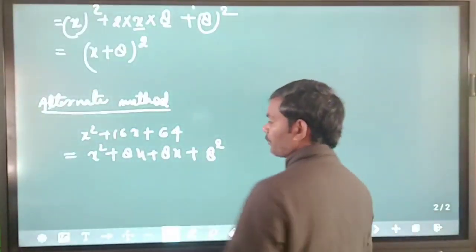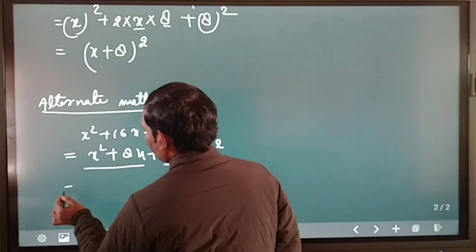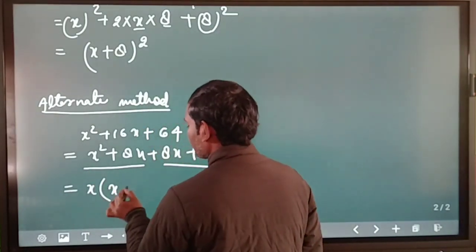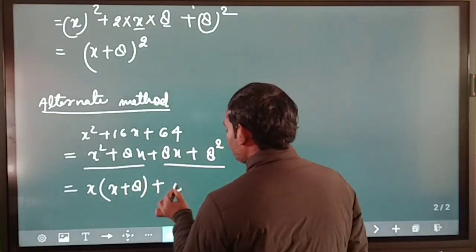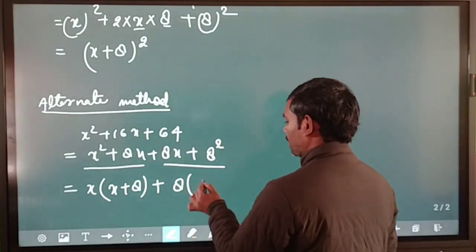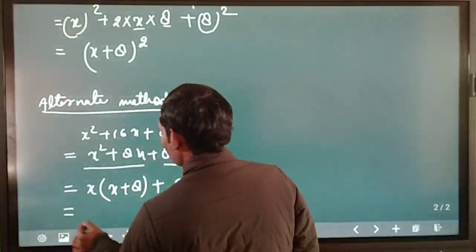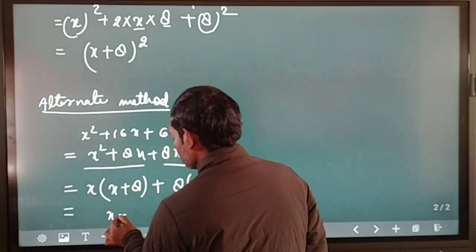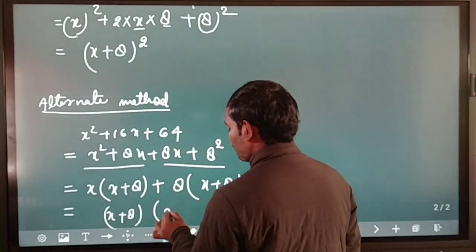Now from the first section we can take x as common, and we get x plus 8. From the last section we can take 8 as common, and we get x plus 8. So taking x plus 8 common, we can write x plus 8 here, and from the last section we get x plus 8.